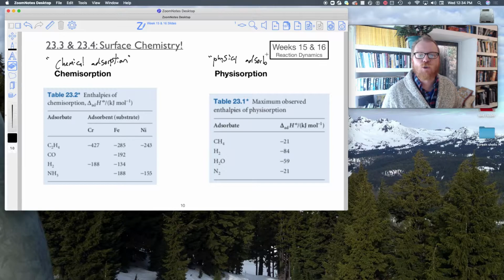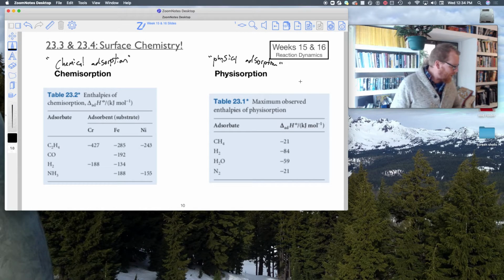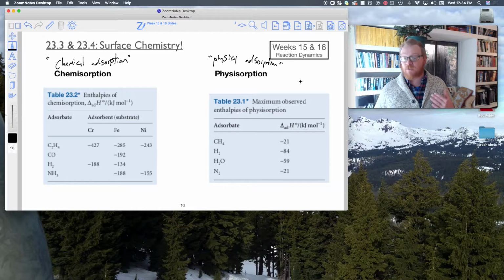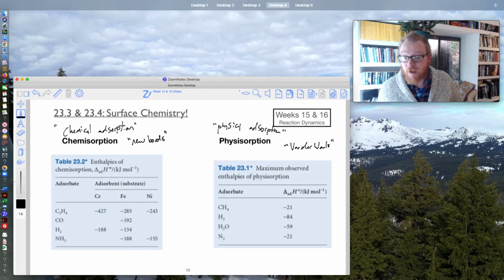Look, I wrote adsorption. It's still even hard for me to get this straight. Physical adsorption. So chemisorption, as you might guess, involves the creation of new bonds at the interface. So new bonds, okay? Physisorption is typically through a van der Waals interaction, right?